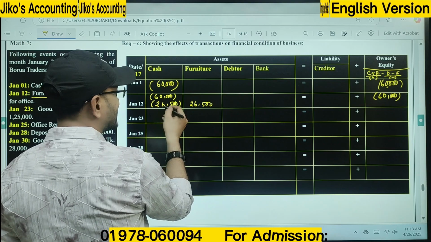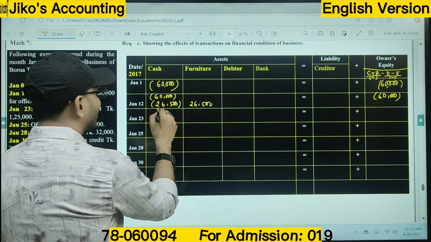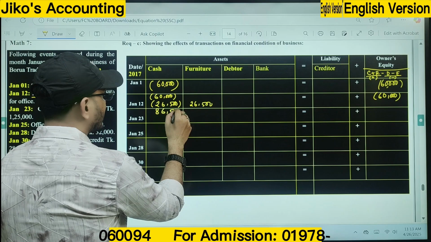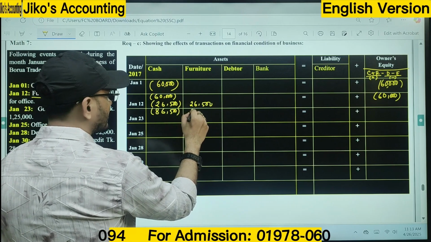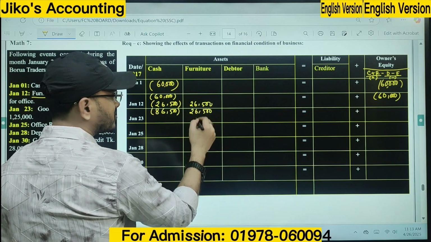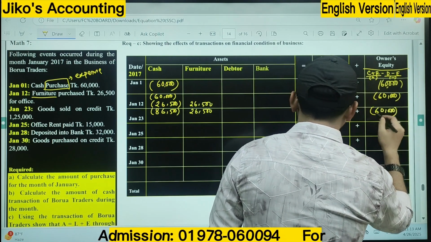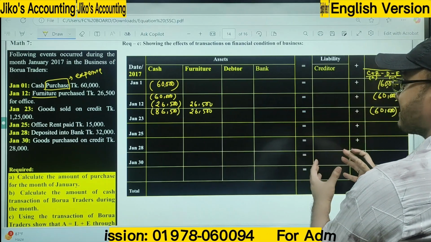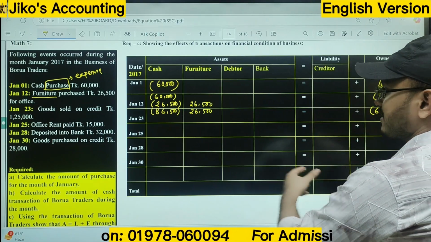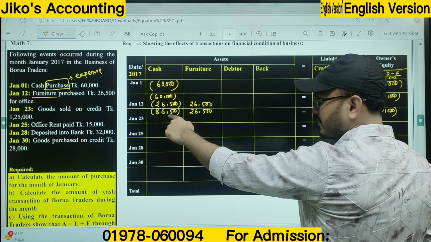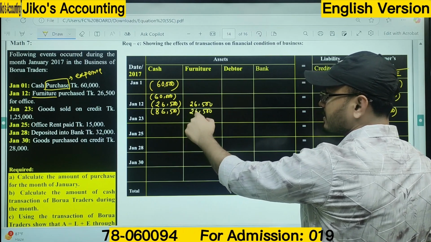So what is my amount here, sir? All of them here, we can still see the minus figure, that means 26,500, then here 60,000. But now try to equalize the balance. What is here? 60,000 minus figure, but here is 86,500 minus 26,500.